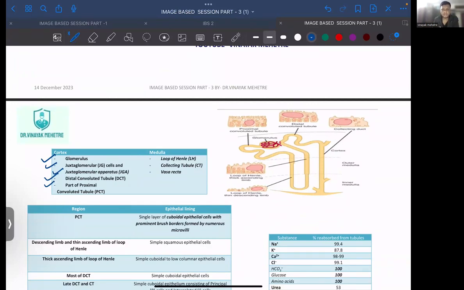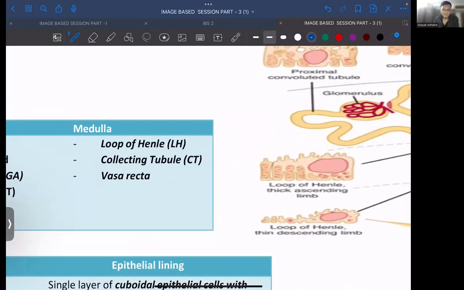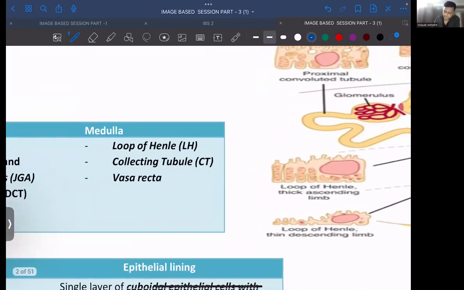How can you remember? I will give you the mnemonic for the parts which lie in the medulla: Madam Low CV. Rest all parts lie in the cortex.